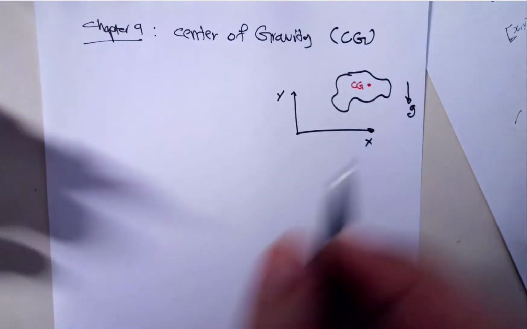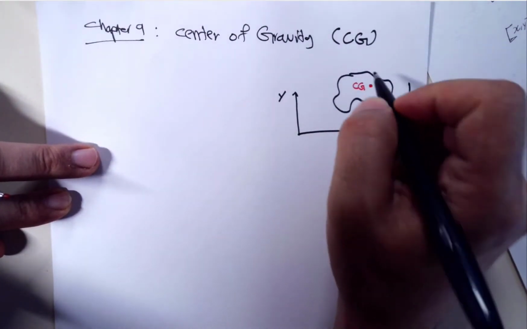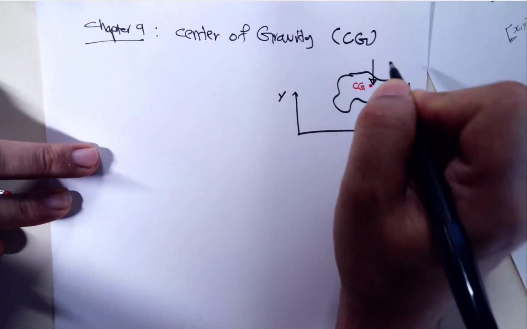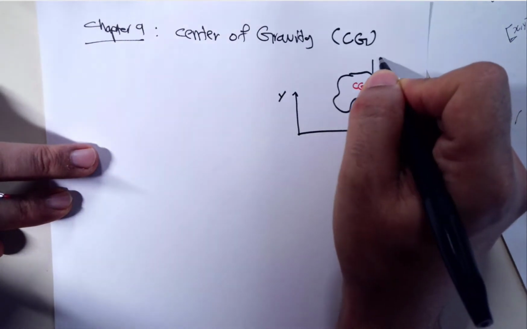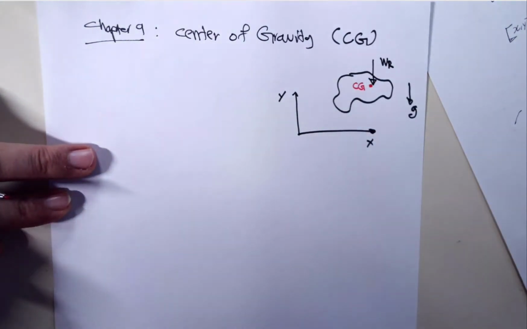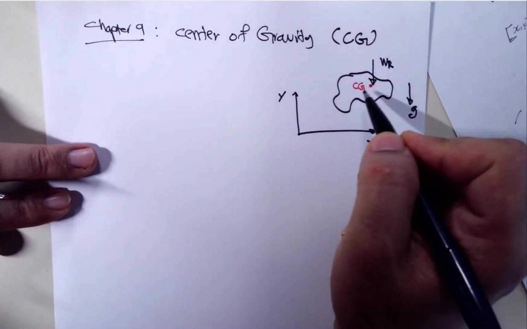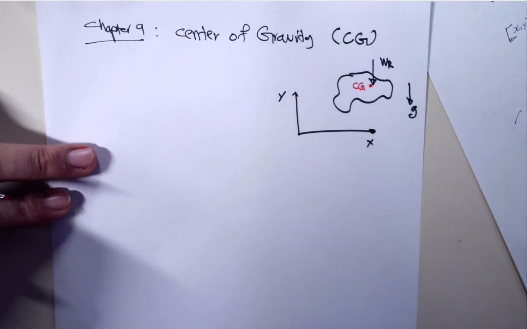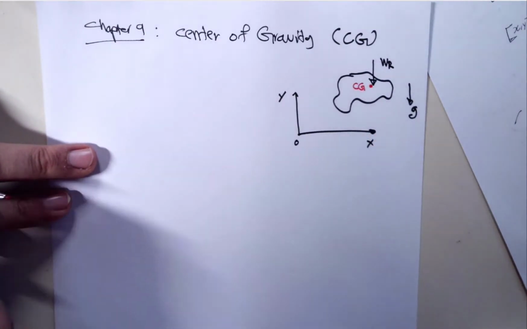At the center of gravity, we can represent the total weight by a single resultant weight. We call it WR, where WR is the total weight of this body. Now, the question becomes, how can I identify the location of this CG with respect to any coordinate system?